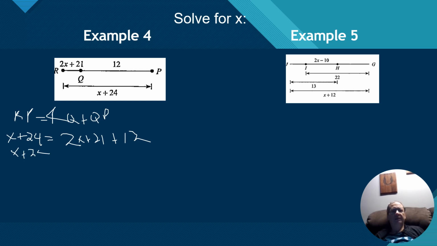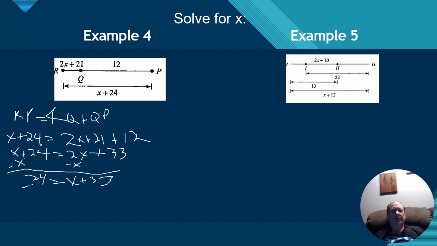So this side just stays the same. Over here I have 2x plus 33. I'm going to subtract x from both sides. I have 24 equals x plus 33.